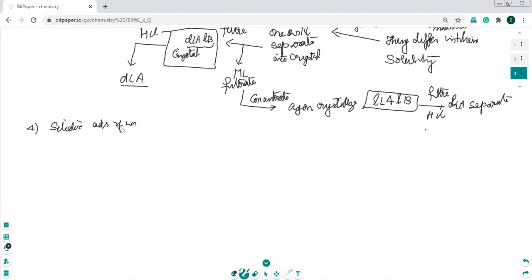This is done using column chromatography.